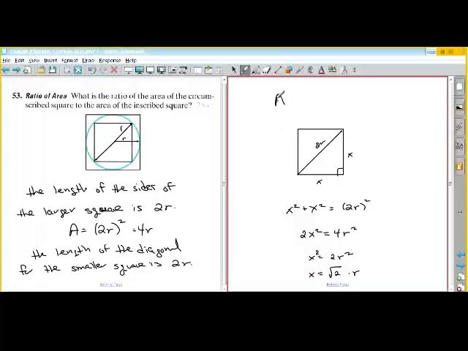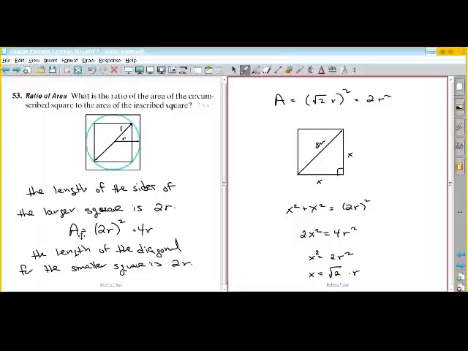So I can say the area for this smaller square is just equal to the square root of 2 times r, squared, because each side has a length x, which is the square root of 2 times r. The square root of 2 squared is 2, and r squared is r squared.